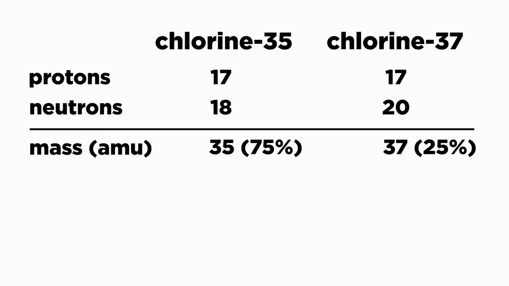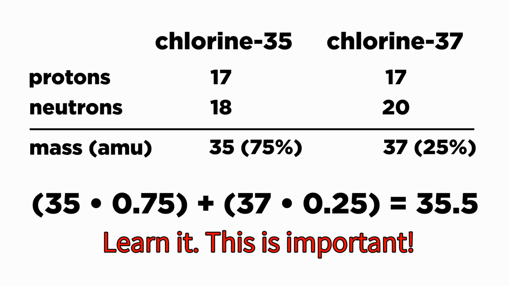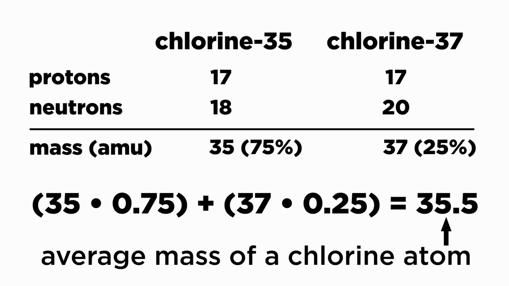So we have to do some math. Multiplying each mass number by a fraction of 1 that represents its abundance, and then adding these up, gives us a more accurate number for the average mass of all chlorine atoms. So on the periodic table, we have average atomic masses, but any individual atom will have its own mass number, which must be a whole number. Let's check comprehension.